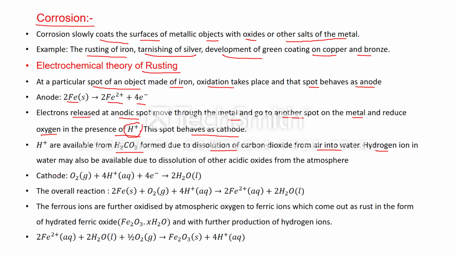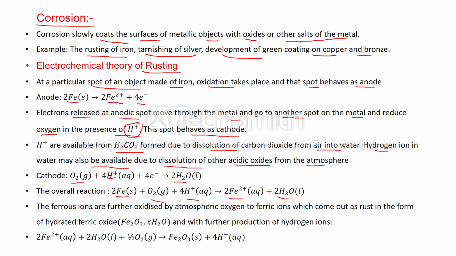Hydrogen ions in water may also be available due to dissolution of other acidic oxides from the atmosphere. In this way, H+ ions are present and reduce oxygen into water, and that spot is a cathode.